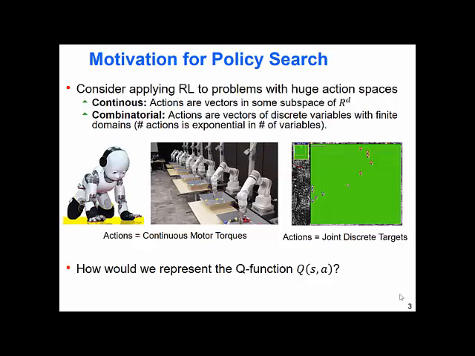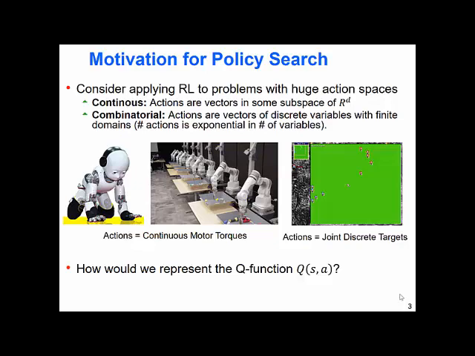But in robotics, for example, the actions are often real valued vectors where each component is the power that you're going to send to an actuator. So that's a complicated space. You can't even enumerate it.